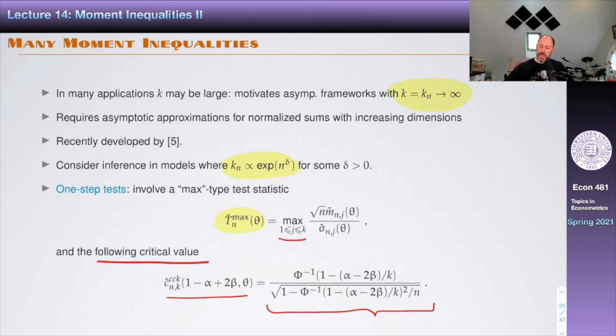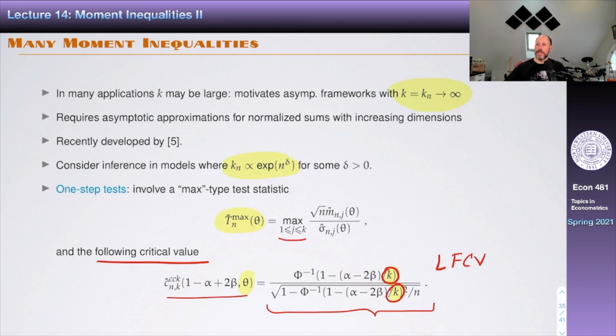And it depends on theta, which sometimes I get these questions like, the critical value depends on theta? In this case, it depends implicitly in the choice of K over here. This is the equivalent of a least favorable critical value. And you see that in this K over here, where essentially you're saying that all of the moments are possibly binding.